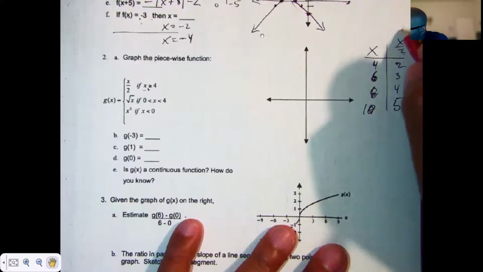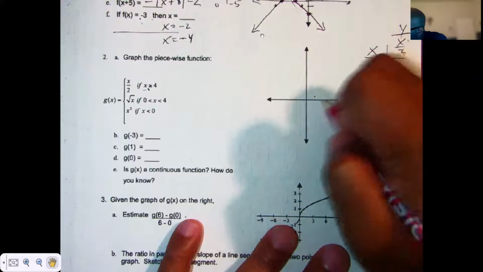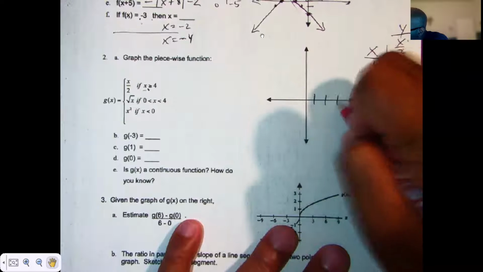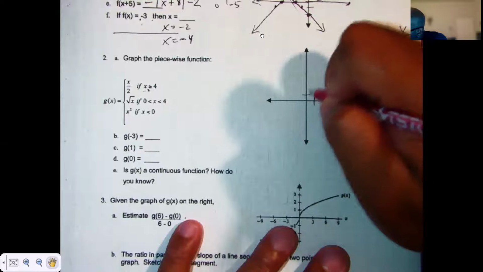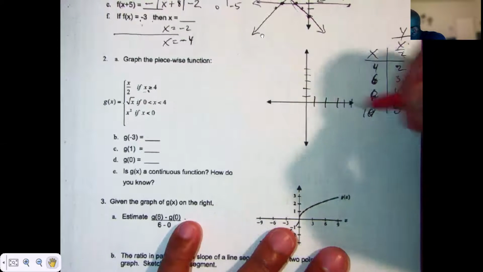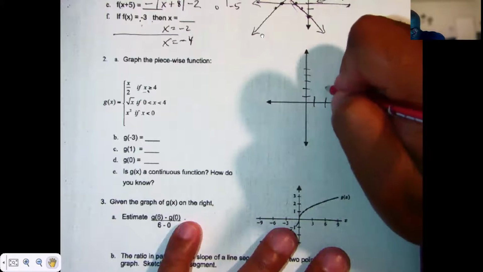So this is my y, actually. If I let x be 2, 4, 6, 8, 10, then y is 1, 2, 3, 4, 5. So what would happen? When x is 4, I have 2.